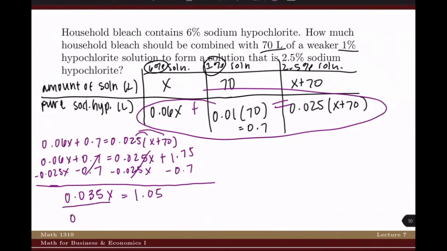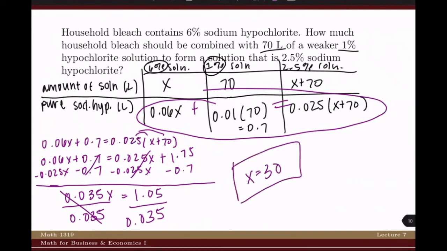And then you divide. So you get x equals 30. So that's 30 liters of household bleach to make this solution.